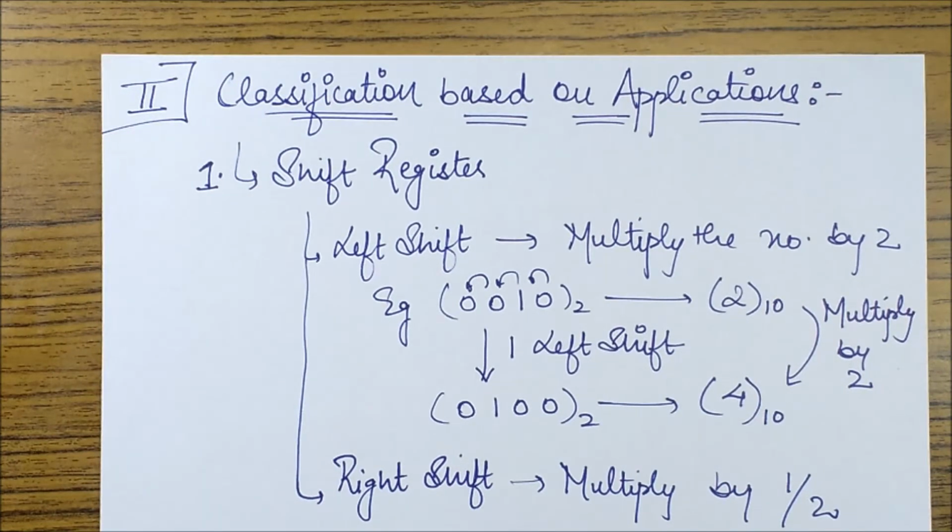So when I say I am using it as a shift register, that means I am using the register for moving the bits or shifting the bits, like we just saw in the previous video. In case you have not viewed how we shift various bits, you can please view the previous videos. So how the shift happens is we can shift the bits.